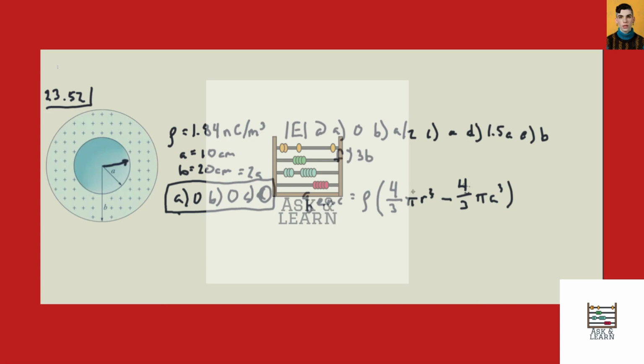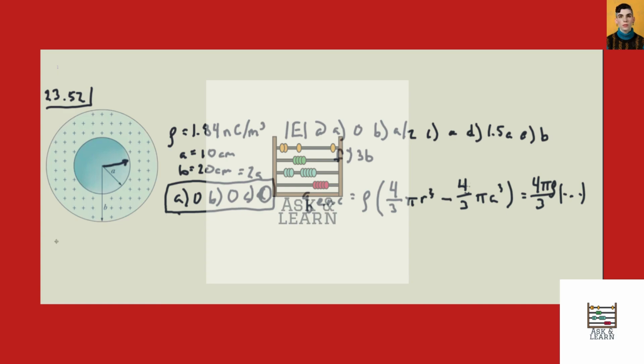And of course we can factor out the 4/3 pi. 4 pi rho over 3 times the difference in radii cubed.